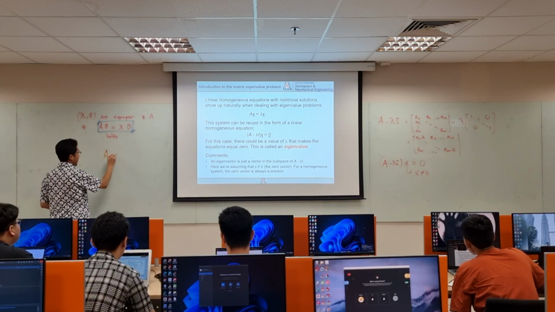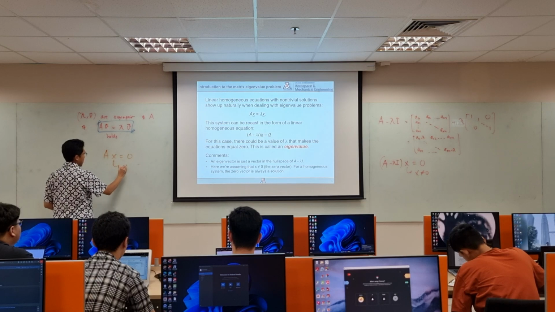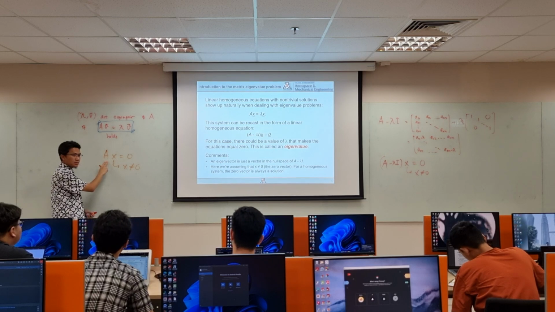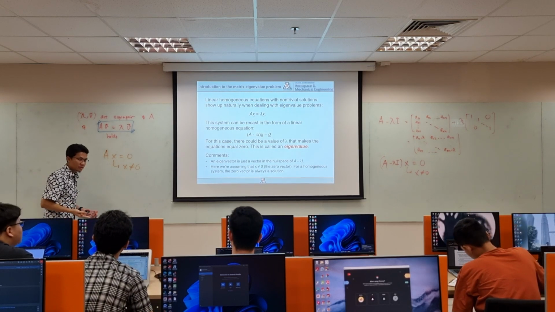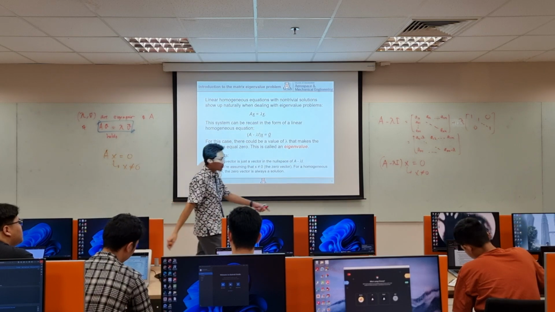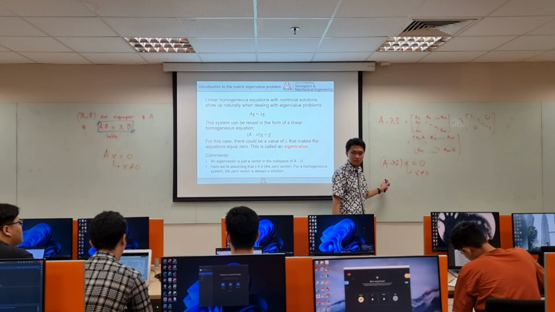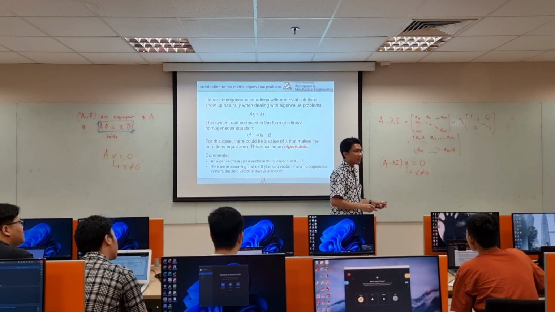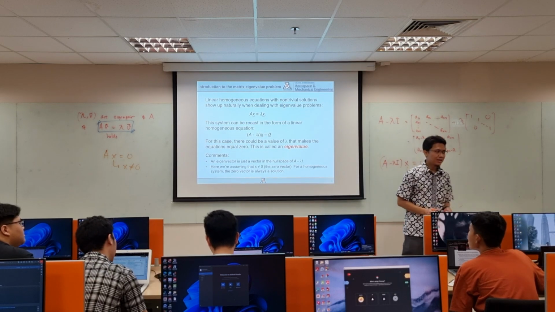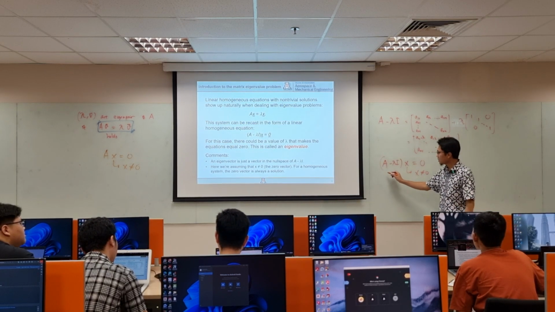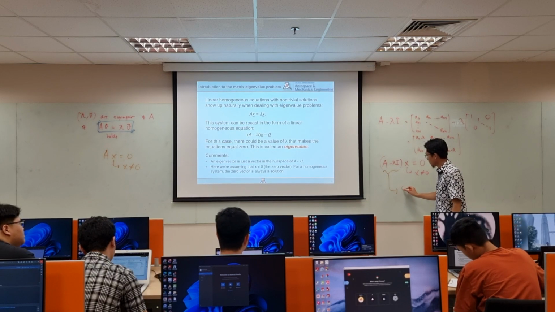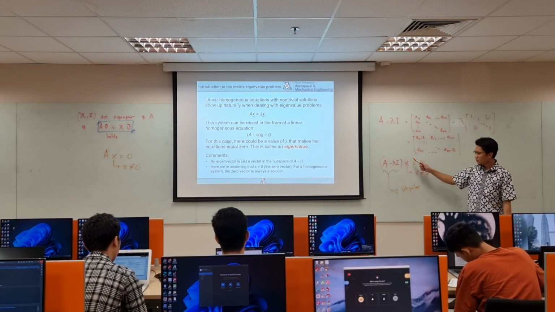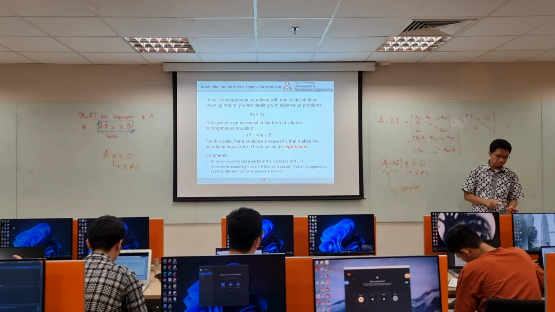The problem of Ax equal to 0 has non-zero x as the solution only when A is singular. So in this case, which matrix is singular? Not A, but A minus lambda I. This has to be singular for you to gain non-zero x as the solution.